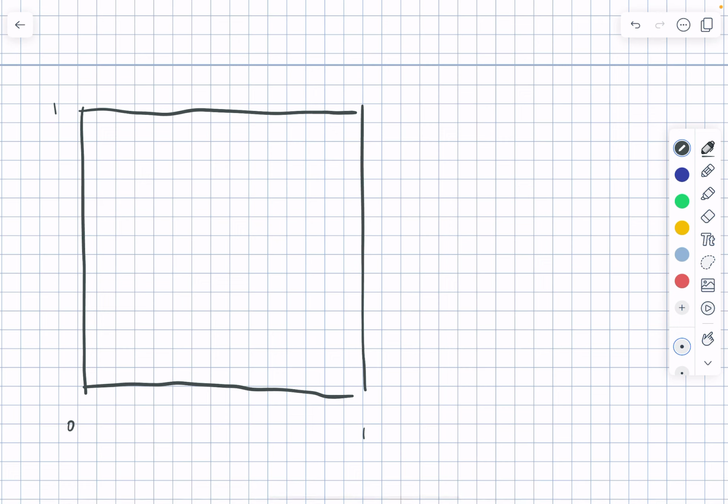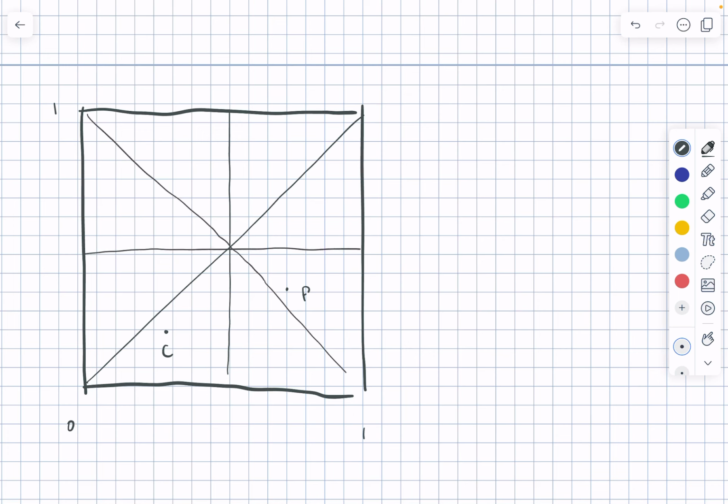Now we want to choose a point C and a point P. This is going to be C, that's going to be P. Instead of choosing the point C from anywhere in the square, we want to do something that's easier to integrate. The square can be divided uniformly into 8 different areas like this, so we can divide the square into 8 different triangles using this method.